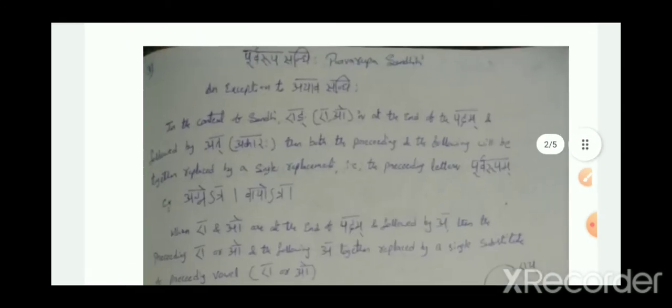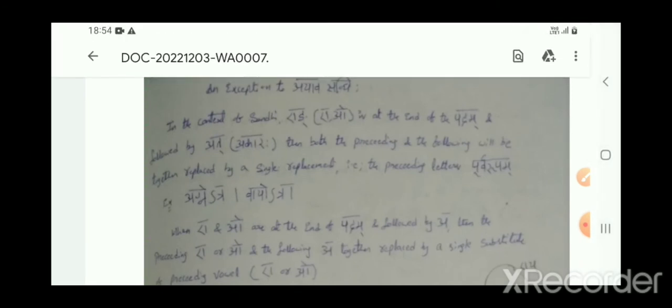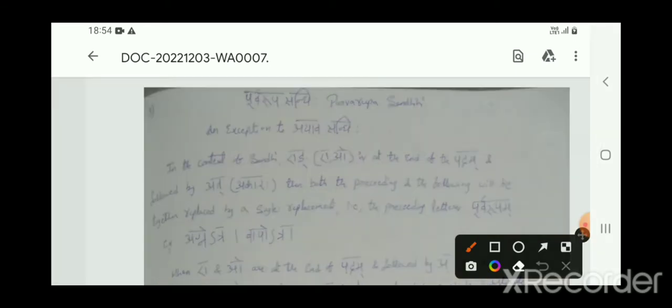So this is an exception to Ayava Sandhi. When will this Purvarupam happen? See here. The definition is when A or O is at the end of a padam. At the end of a padam means padanta, which is an external sandhi which will happen between two fully formed words.